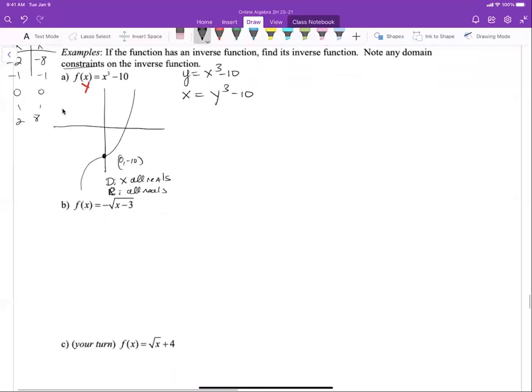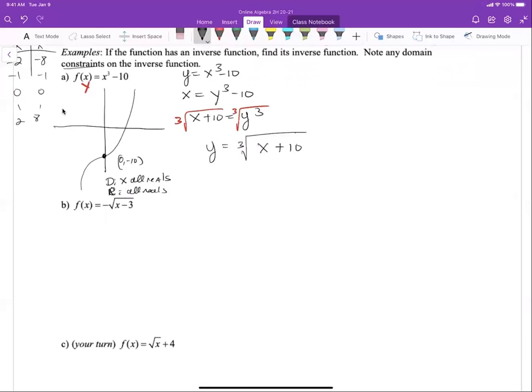Now I need to solve for y. So I'm going to add 10 to both sides. So x plus 10 equals y cubed. I need to undo the cube. So I'm going to take the cube root of both sides, and I will get y equals the cube root of x plus 10.